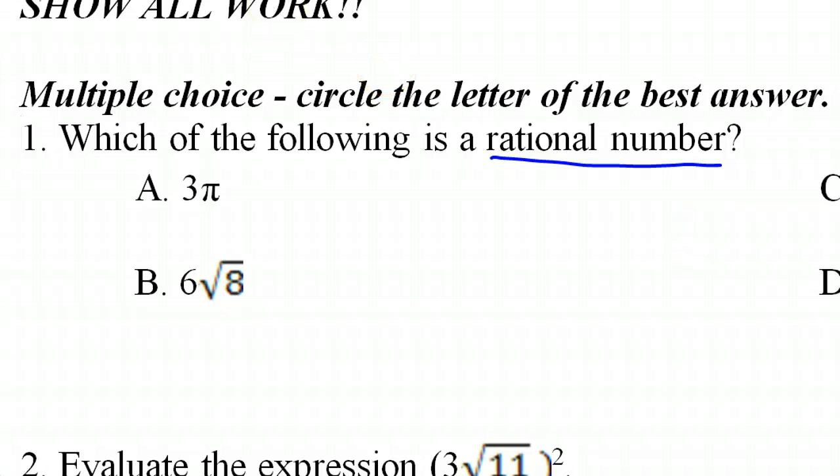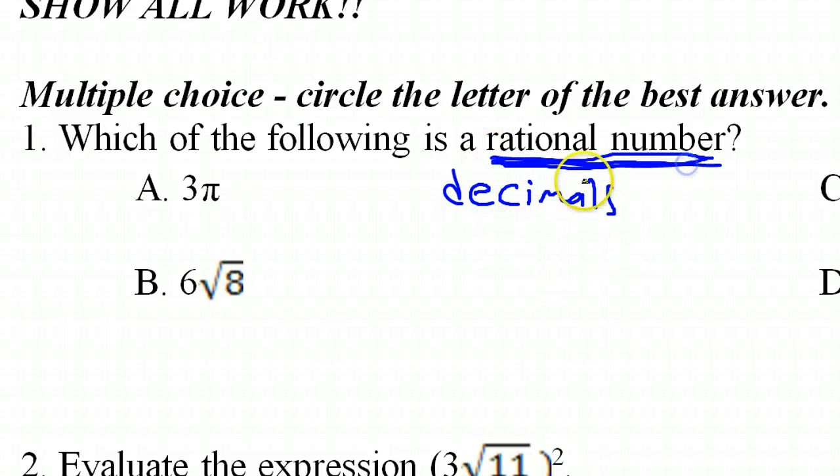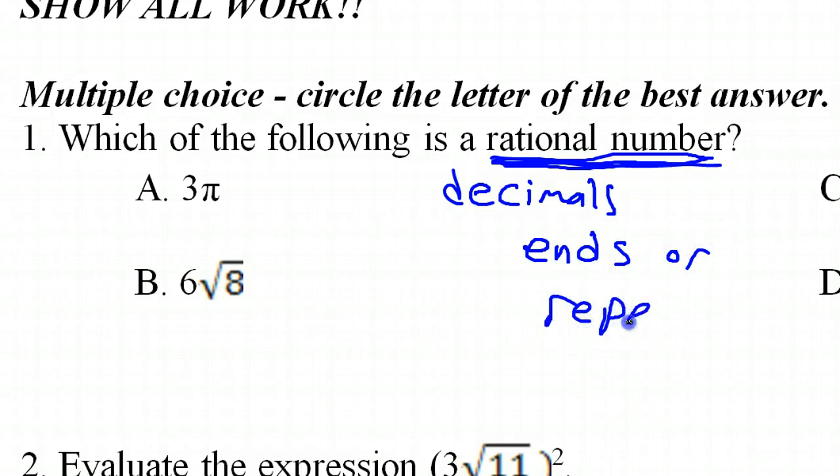So it's useful to realize that if we're talking about decimals, it'll be rational if it either ends or repeats. Rational numbers end or repeat. So if there's a number that doesn't end and doesn't repeat, then that's going to be irrational.